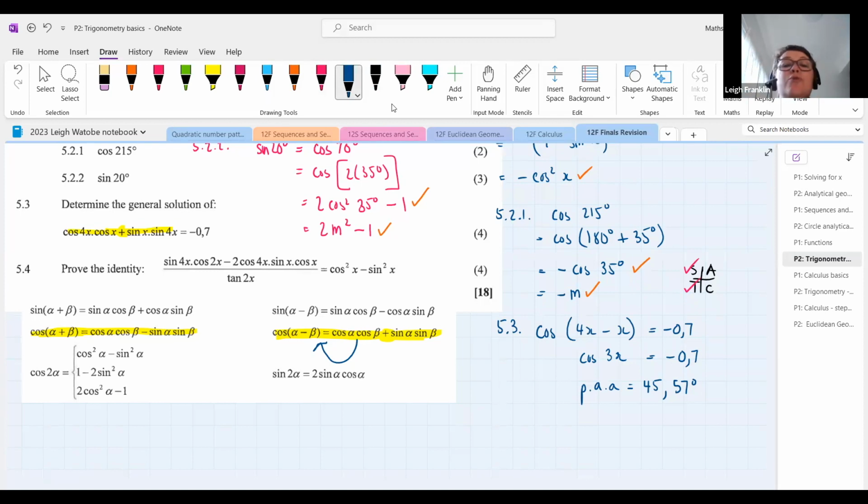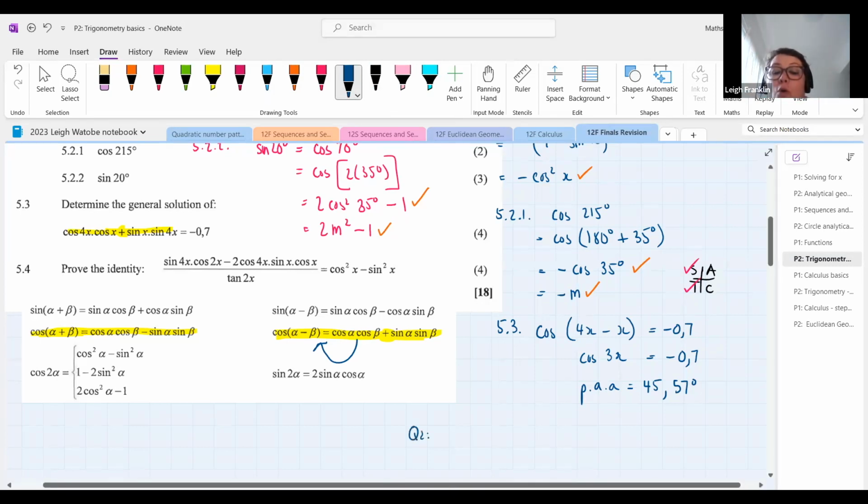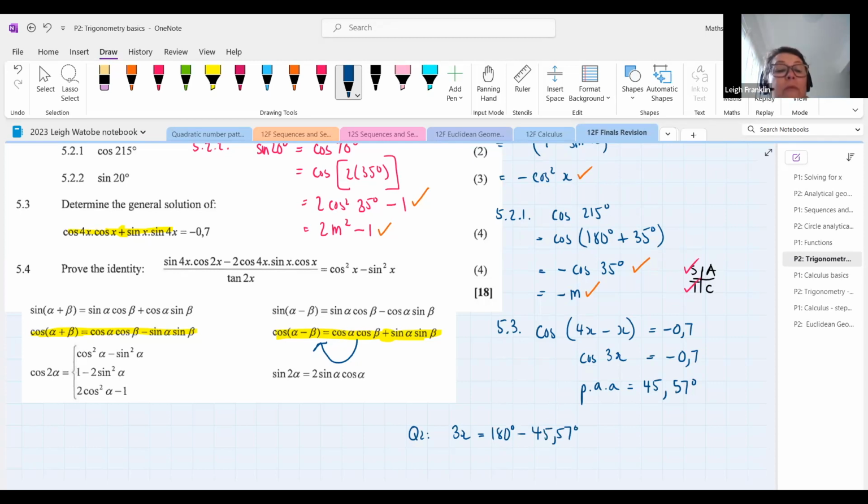For quadrant 2, we are going to take our angle 3x and let it be equal to 180 minus our PAA. Then, because we're doing a general solution, we say plus k times 360, k is an element of the integers.